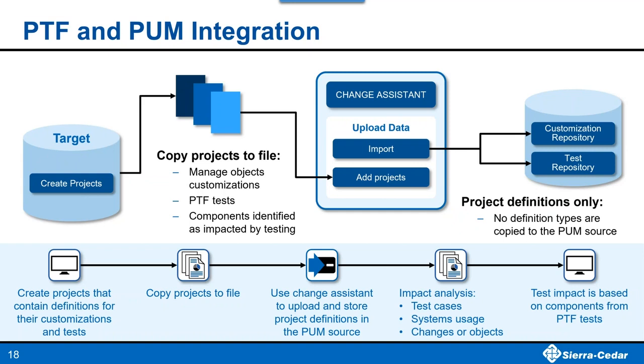Copy it to a file, or export it to a file, then apply your PUM, then do a compare report against the actual PUM project and the pre-PUM project that you exported.